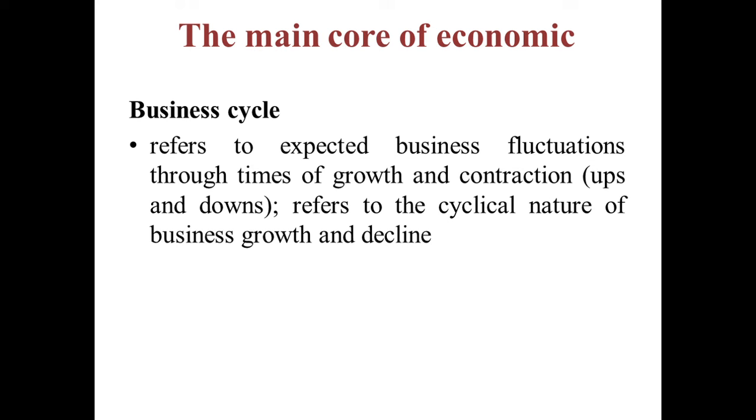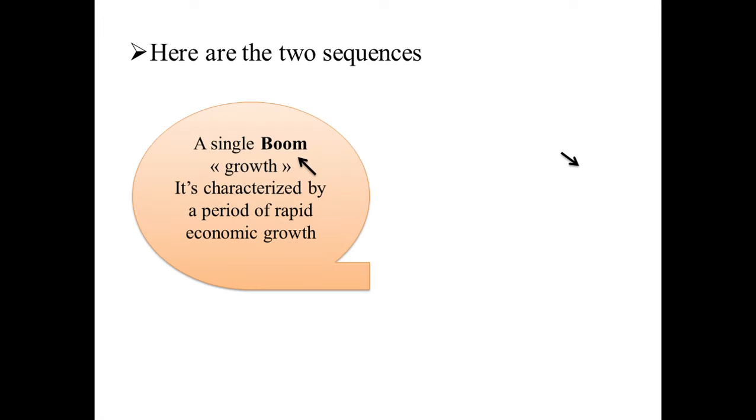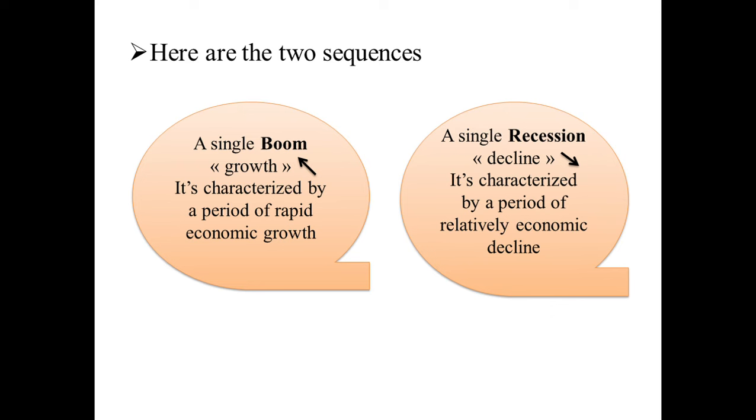And in order to understand this definition more, here are the two phases of the business cycle. The first one is a boom. Boom here means growth. This period is characterized by rapid economic growth, while the second phase is a recession.